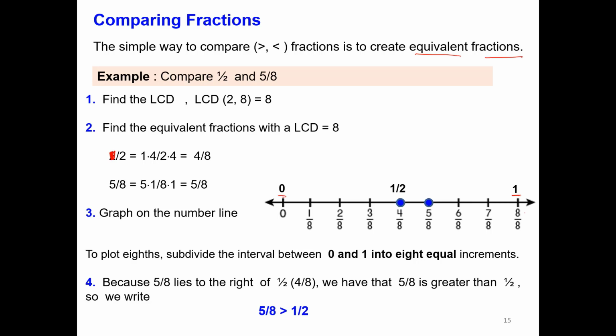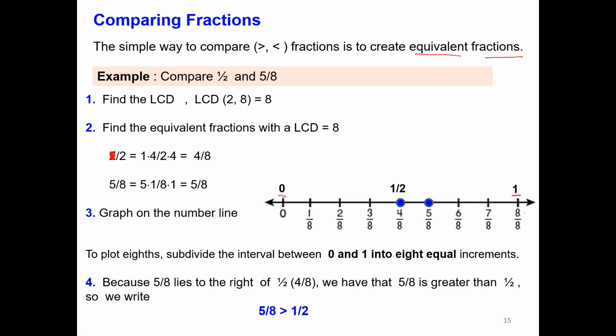Now the next thing is we want to graph these numbers on the number line. Then 4 over 8 is 1, 2, 3, 4. This is the first point, 4 over 8. And we know 4 over 8 equals 1/2. It's here. And the second one is 5 over 8: 1, 2, 3, 4, 5. This is the second number.